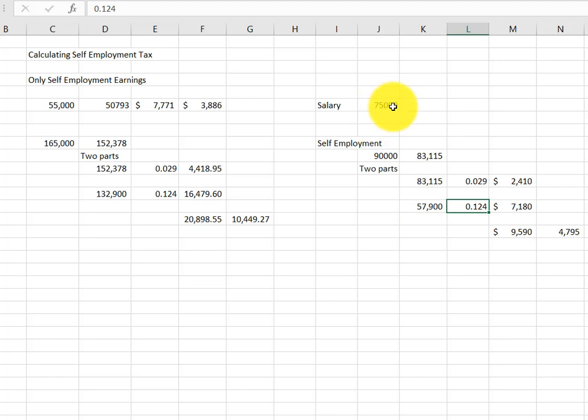The idea is our employer took care of paying our Social Security tax on our salary. We only have to worry about the amount that we earned from our business up to the threshold. Multiply it by 0.124. Okay, add those two together, you get your total self-employment tax. Half of that, or 50%, becomes a deduction for AGI on Schedule 1 and then on to the 1040.